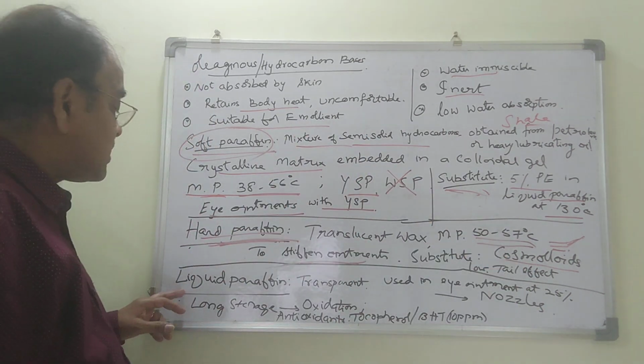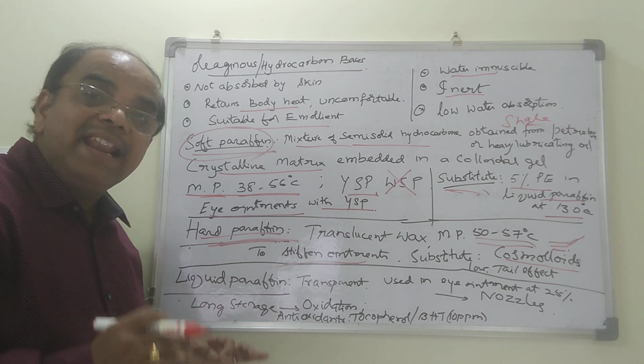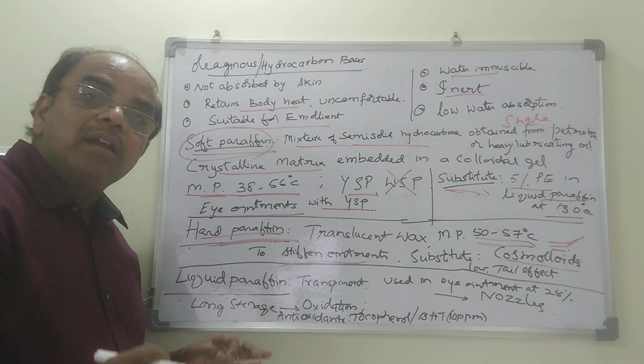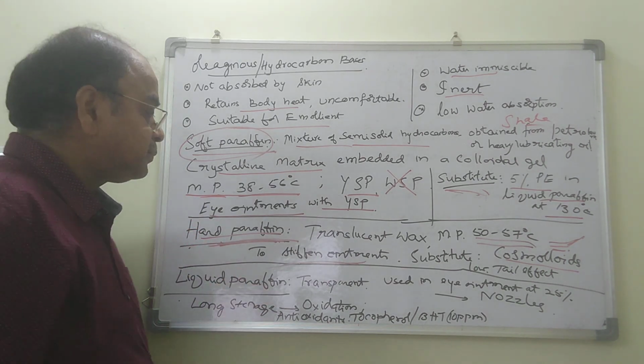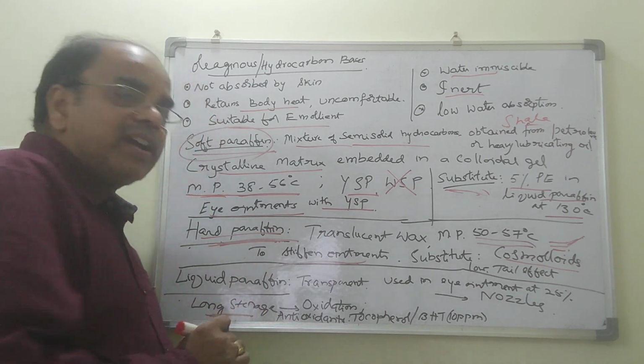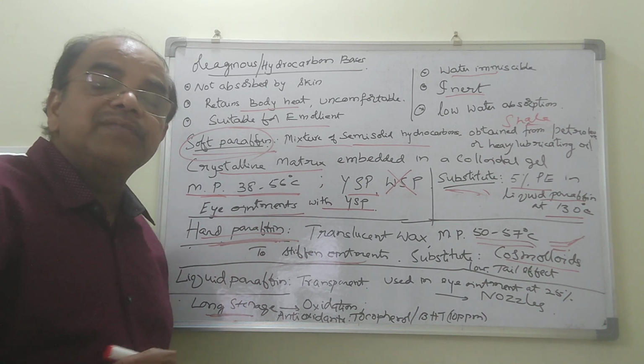Right? Next, liquid paraffin. Liquid paraffin is a mixture of liquid hydrocarbons obtained from petroleum or heavy lubricating oil. When you store it for long periods, what will happen? There is a possibility of oxidation.